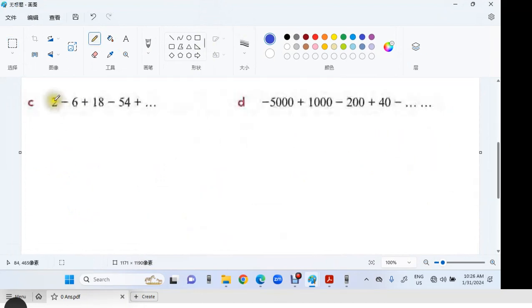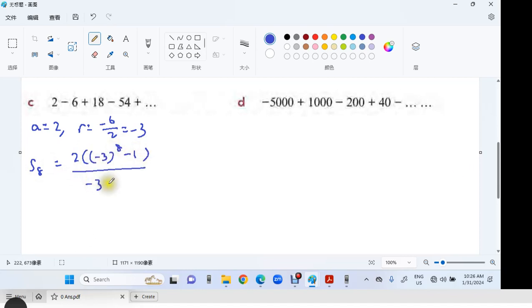Okay, so the A is 2 and the R is -6 over 2, that is -3. So the S8 will be 2, -3 power 8 minus 1 divided by -3 minus 1.